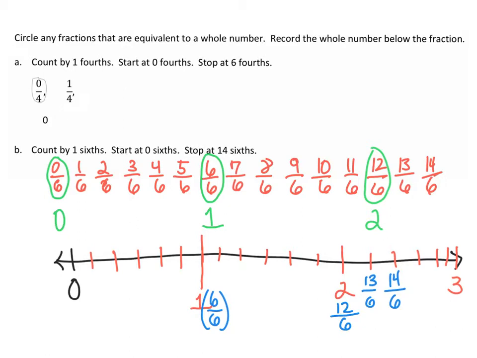I see 2 wholes, 1/6, 2/6. So this 14 sixths would be equal to 2 and 2/6. And if we reduce that, it would be 2 and 1/3.